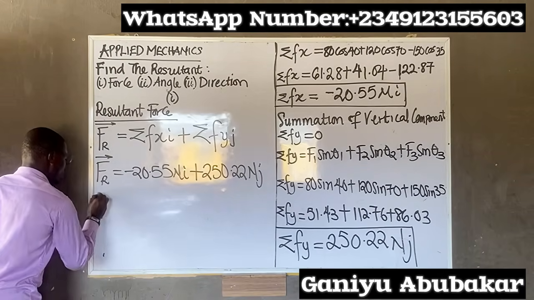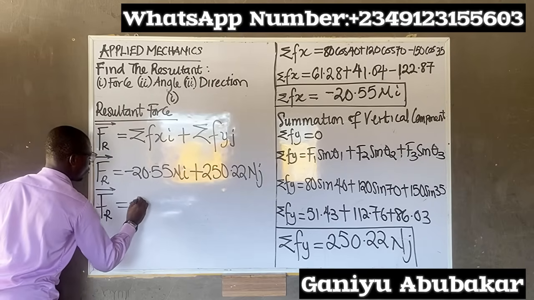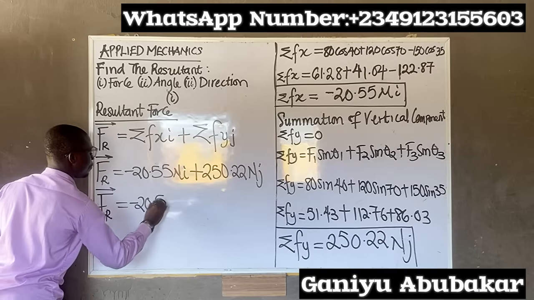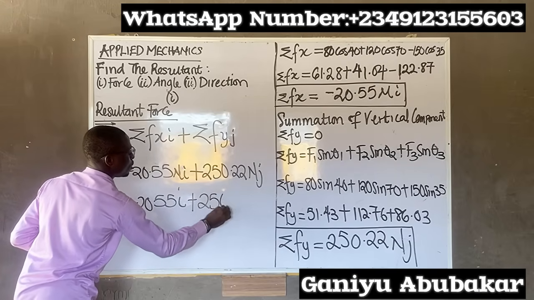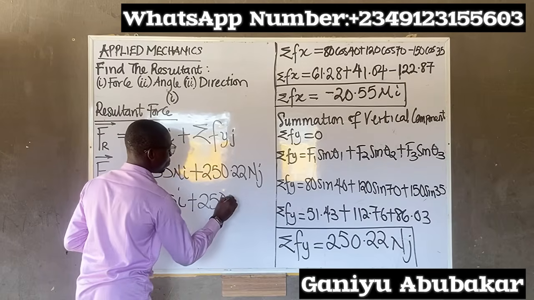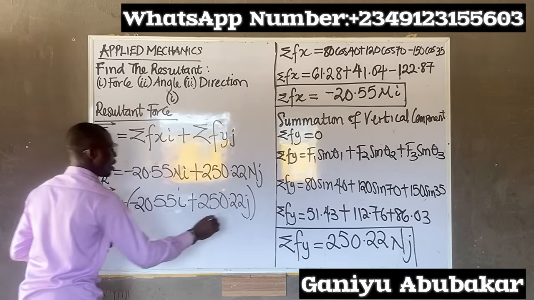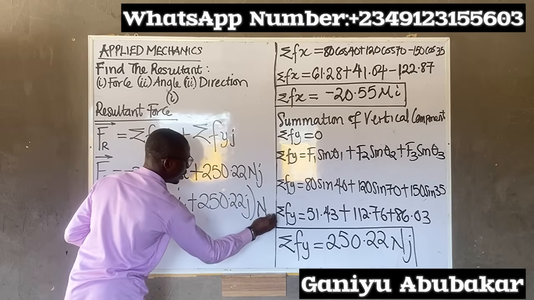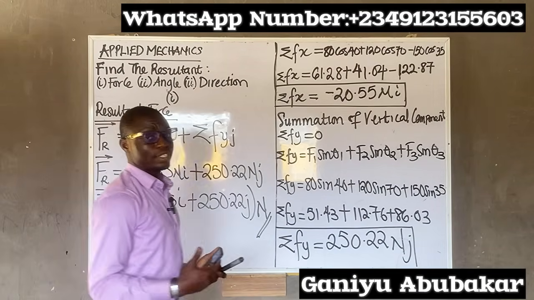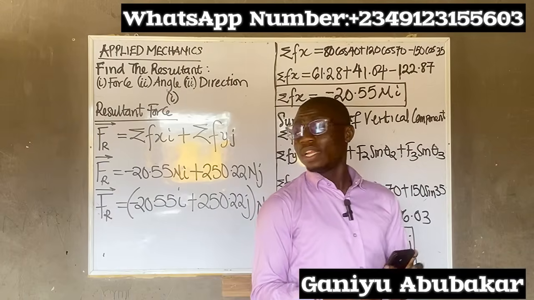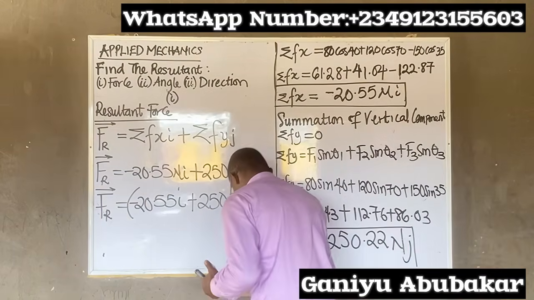That gives you resultant force of this diagram is equal to minus 20.55 I plus 250.22 J, in a bracket this way, attach your Newton outside. This is the value for resultant force of this particular question. Let's get II and III.